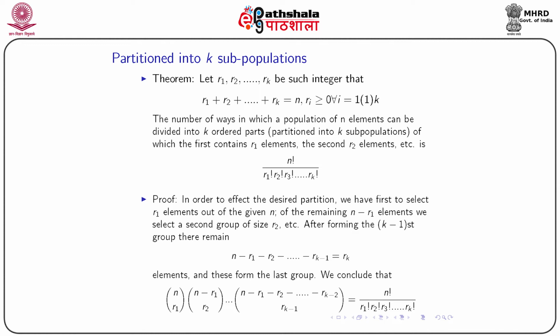So this is the theorem we have, on how to divide the whole population into k subpopulations. The proof is not very difficult to understand.